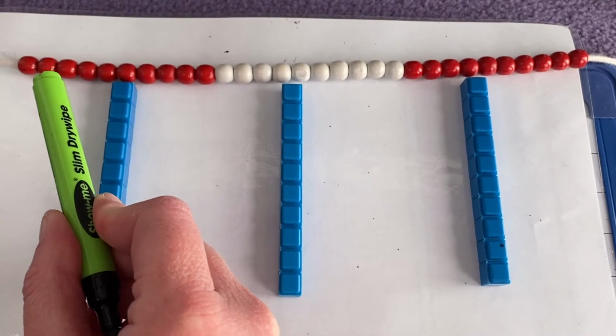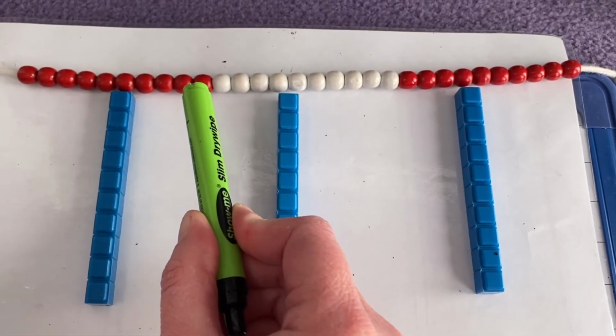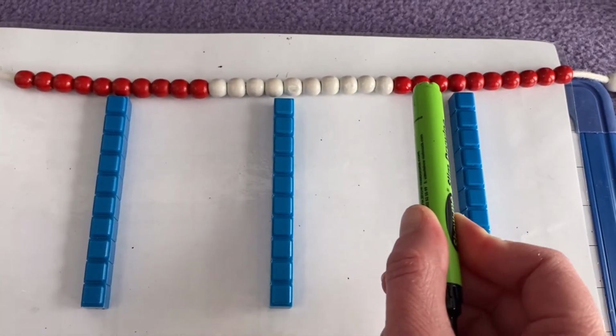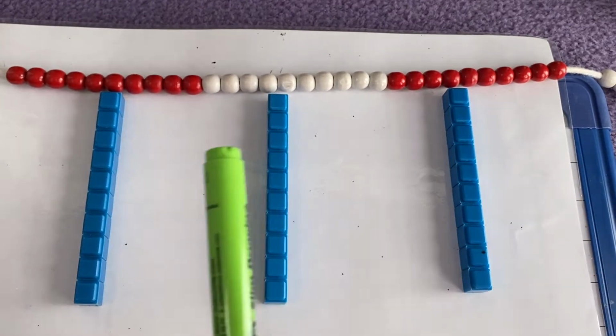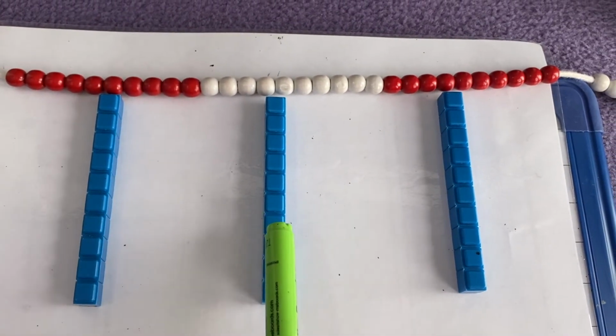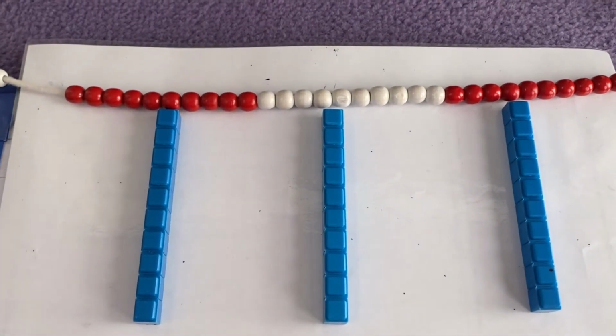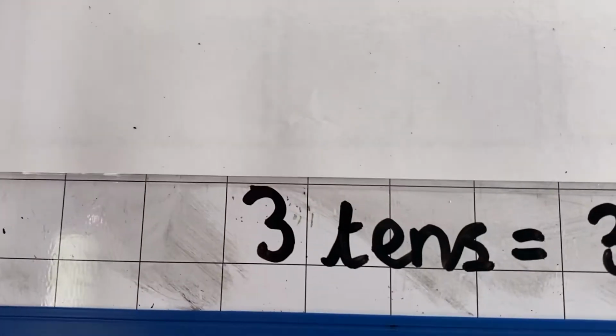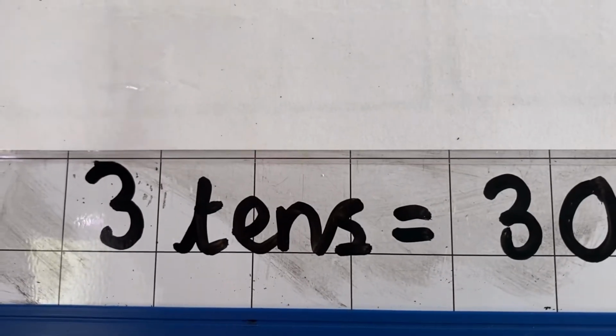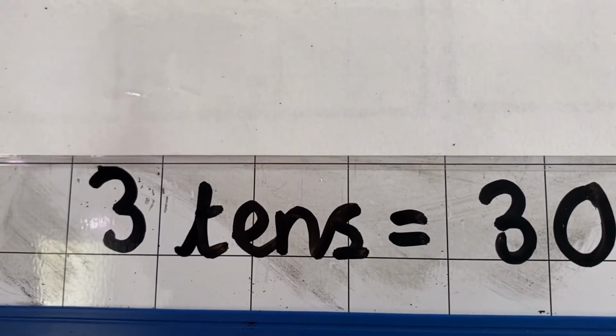They may begin using a bead string to be able to add groups of 10, therefore multiples of 10, or base 10 rods. Children will begin to write this using 3 10s equals 30, for example.